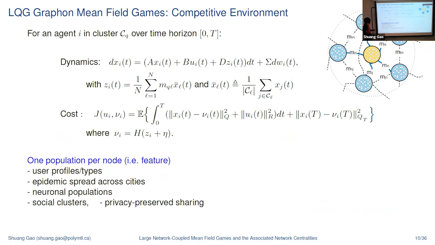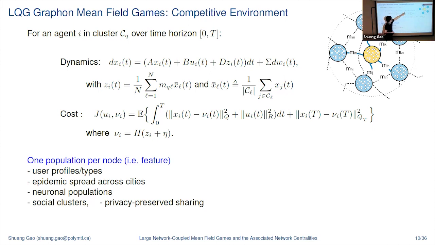So here is a more concrete illustration of the problem. We look at the population of agents, and they are interacting over a network where each node on the network could represent a population. For an agent sitting in a population cluster, its dynamics is as follows: it has its own state, its own control, some network couplings, and Brownian motion noise independent of different agents, and also independent of the initial condition.